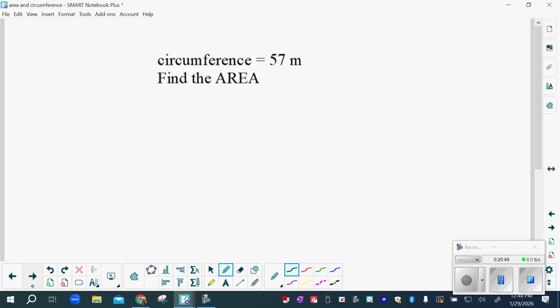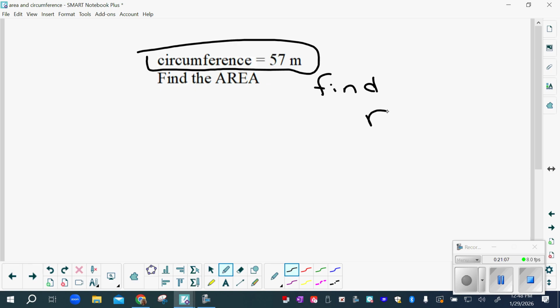This is as hard as it gets, and this is what changes it from middle school to high school. Last one, then I'm shutting up. Please find R right now from that. Find R. You guys know how to do that.